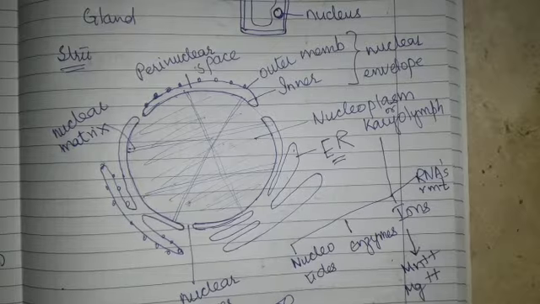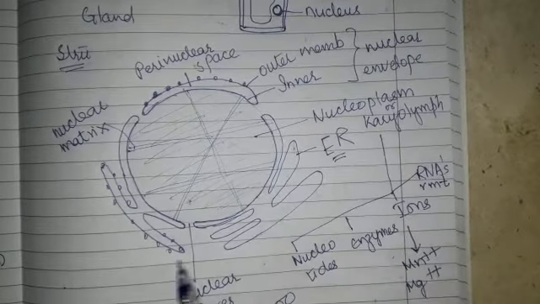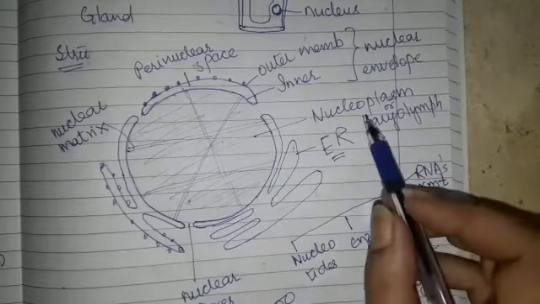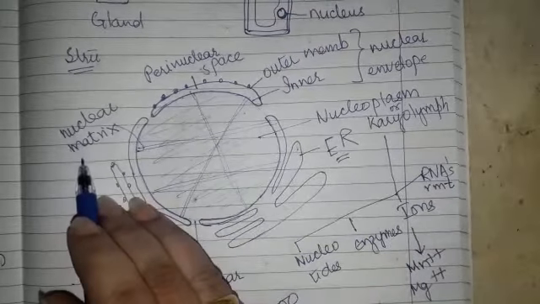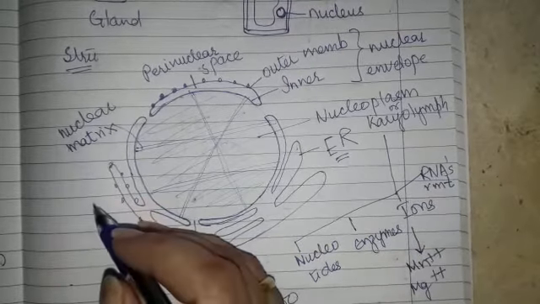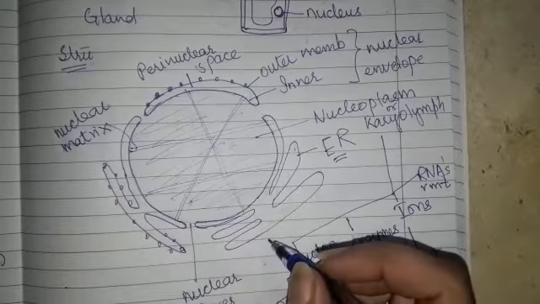Then in addition to the nucleoplasm and the nuclear matrix, there are present chromatin fibers.